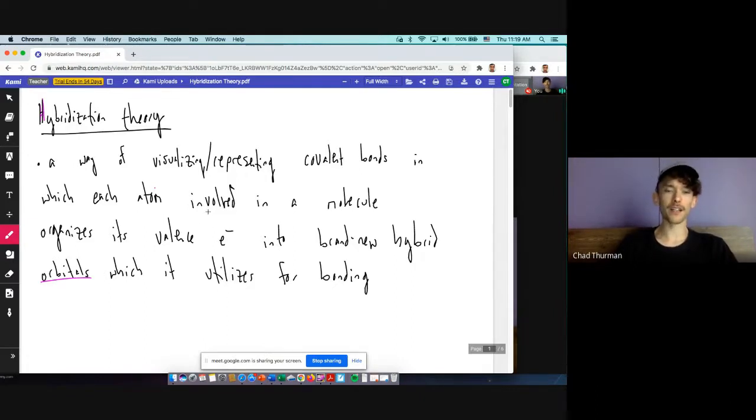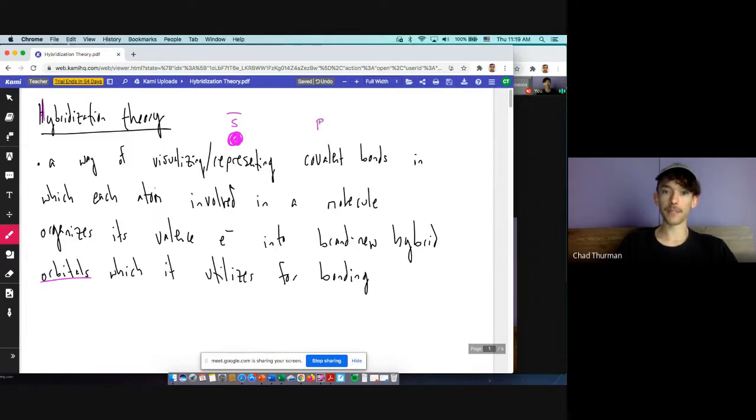So remember that we have S-type, P-type, D-type, and F-type orbitals. Let me remind you that an S-type has one orbital that holds two electrons, right? And it's shaped like a sphere.